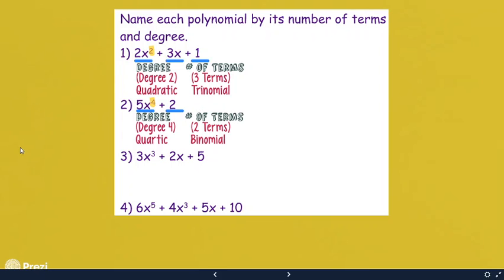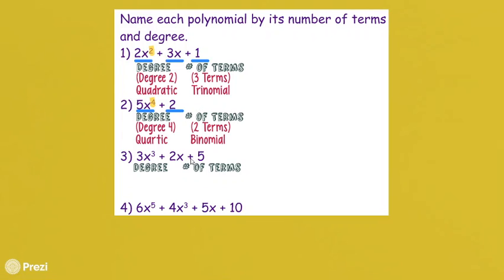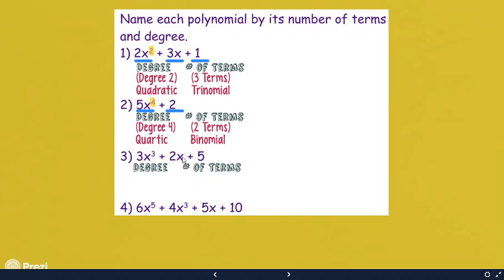Okay, let's do example 3. So example 3, again, let's start with the degree. So 5 doesn't have any variables in it, so it's degree 0. This one has just an x, which means its exponent, there's a sneaky little exponent up here, x to the 1st. You can't see it, but it's there. Okay, and then this one is x to the 3rd. So the highest out of all 3 of these is x to the 3rd.